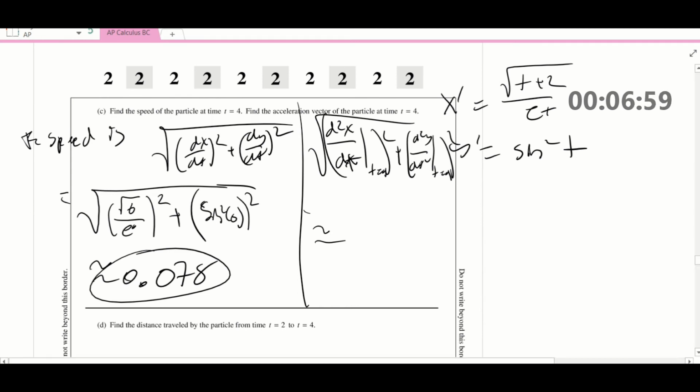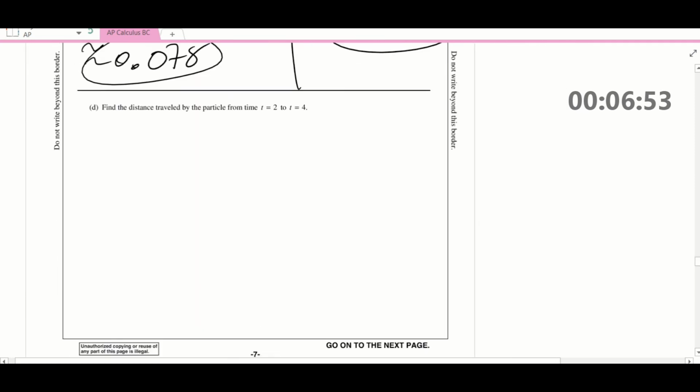Finally, this is approximately equal to 0.536. Alright, final part.